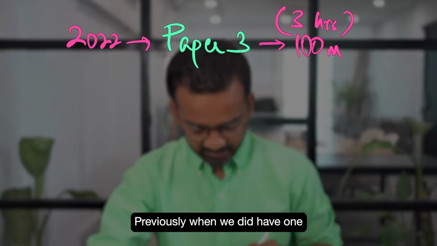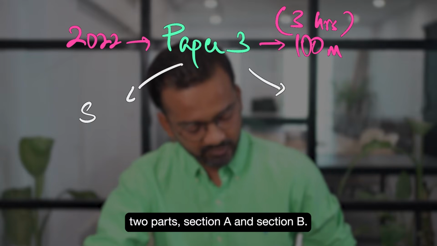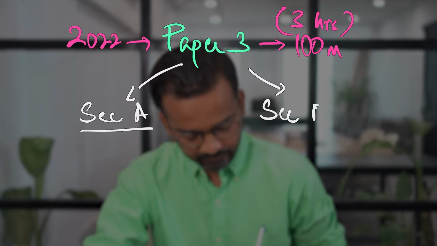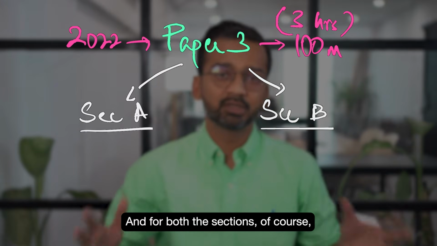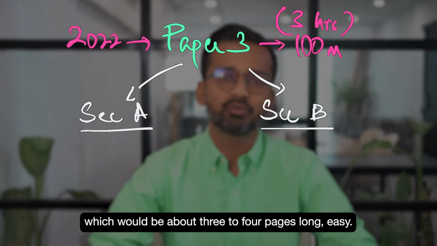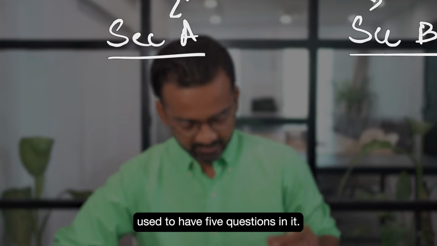Previously, when we did have one paper 3, it was divided into two parts, section A and section B. For both the sections, of course, there would be one single case study, which would be about 3 to 4 pages long. Now, section A used to have 5 questions.